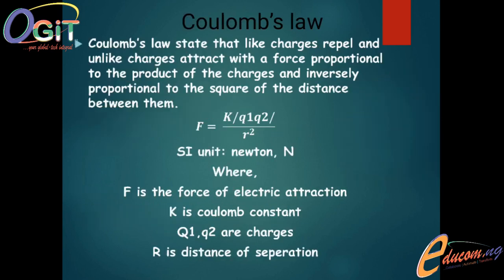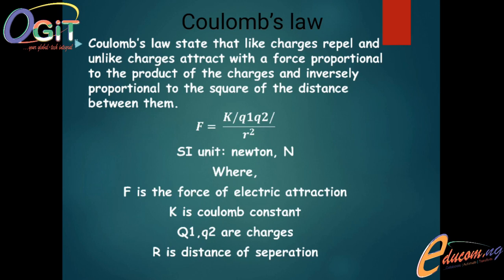Coulomb's law. Coulomb's law states that like charges repel and unlike charges attract, with a force proportional to the product of the charges and inversely proportional to the square of the distance between them. The formula: F equals K absolute Q1 Q2, that is the charges, all over r squared, and the SI unit is newton, capital N. The definition of terms: F is the force of electric charge attraction, and it can also be force of electric repulsion.